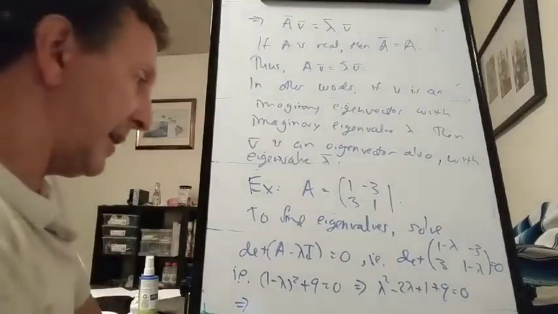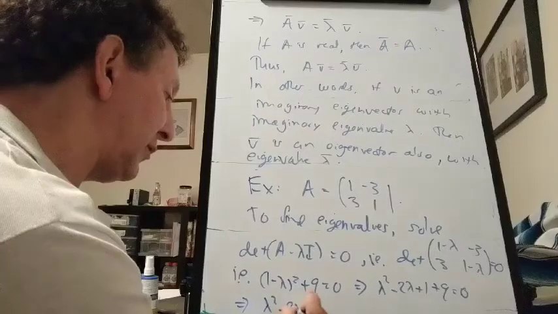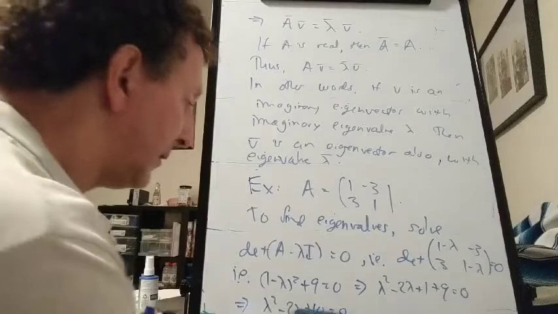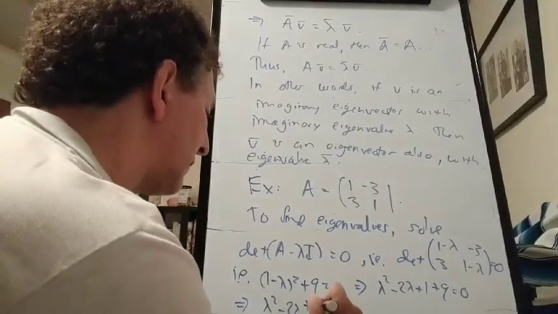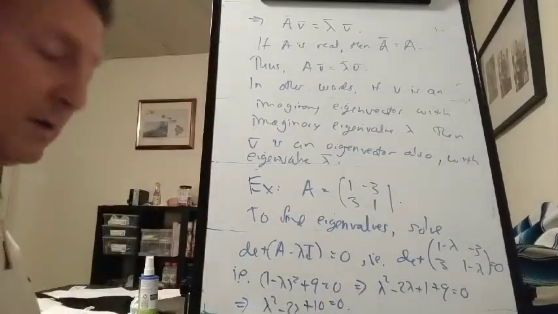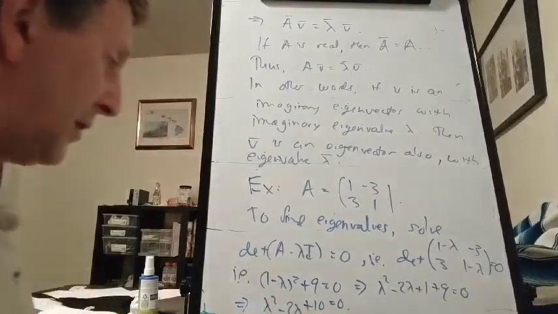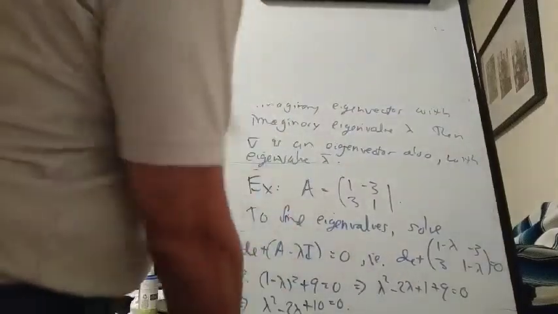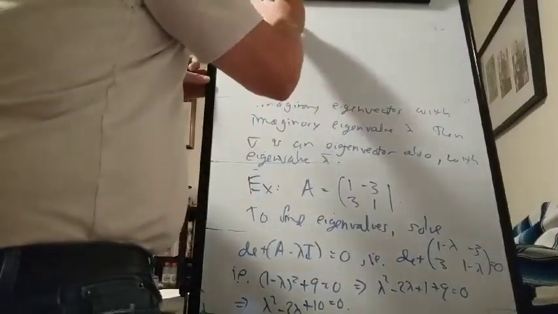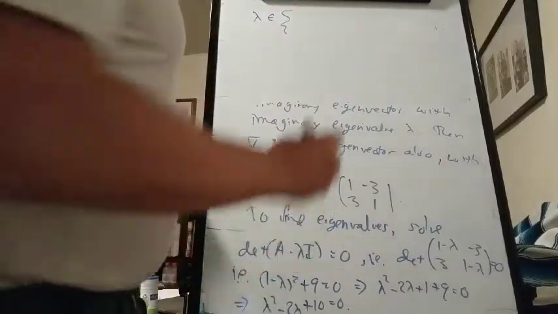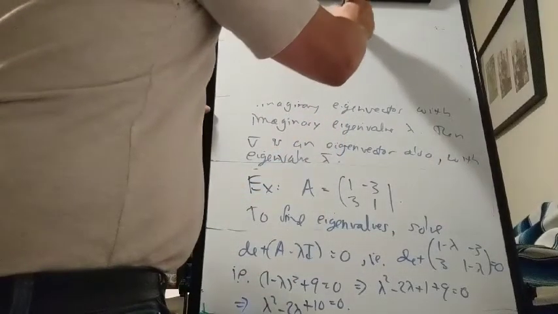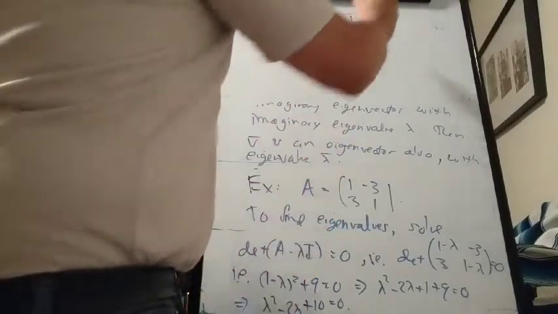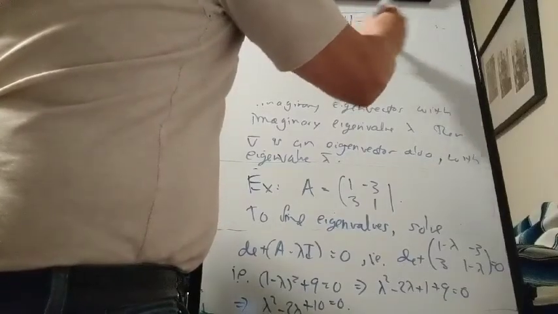And that means that lambda squared minus 2 lambda plus 10 equals 0. All right, then if we use the quadratic formula, let's see what values of lambda satisfy that equation. Lambda is going to be one of the numbers -b plus or minus square root of b squared minus 4ac, which is minus 40, all over 2a.